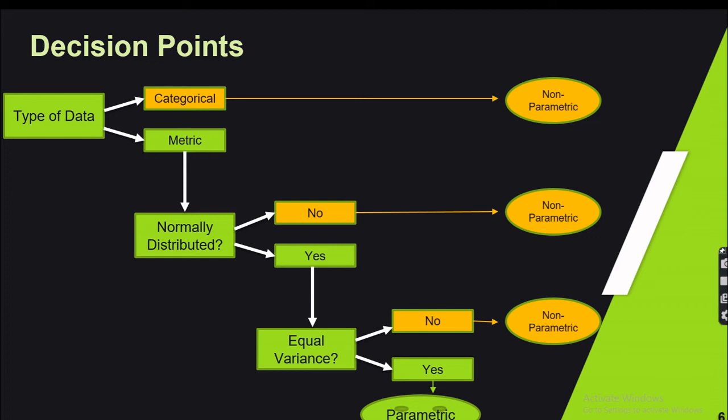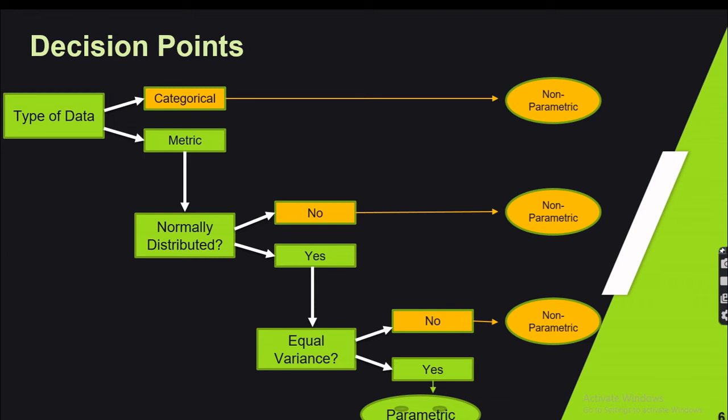If the data is not normally distributed, the data distribution is non-normal, then we can use a non-parametric test, but we should not use a parametric test. But if, while analyzing, we find that our distribution has normality, then we can go on to check the third assumption, that is equal variance.